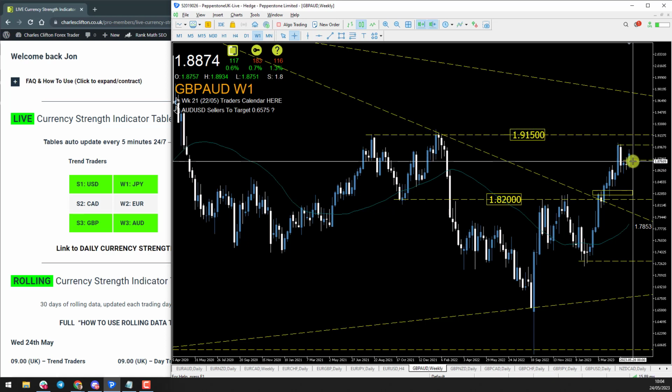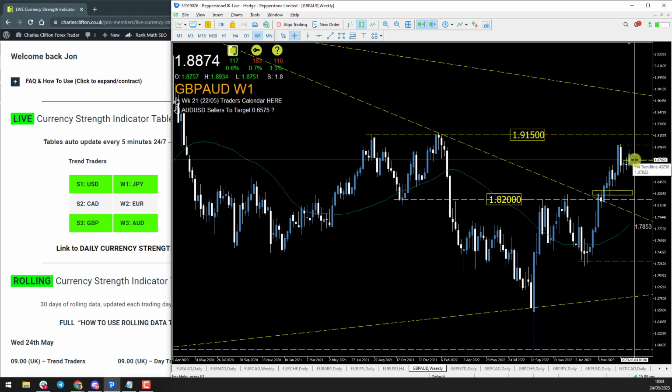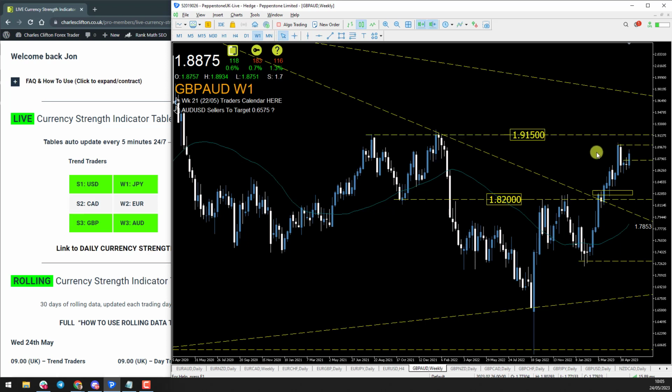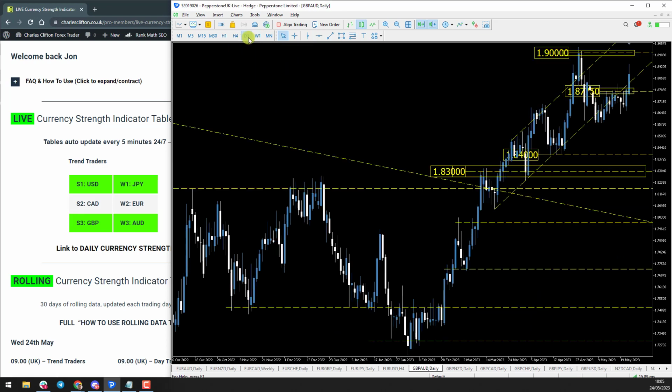If we were to see a pullback into the 1.8775 and we were to go long in and around that area, it's around a 375 pip target in total. So potentially we're going to see a huge move to the upside here for pound Aussie if the right conditions can be met.